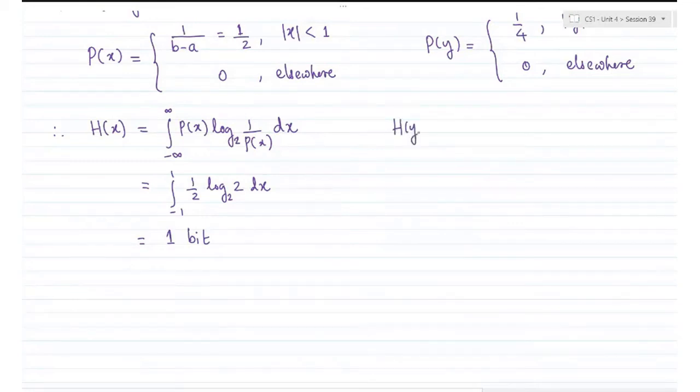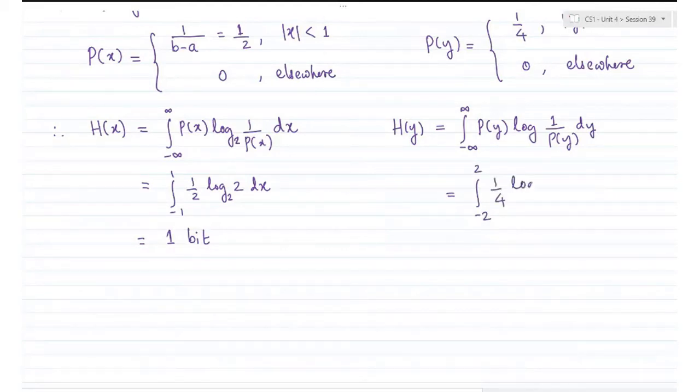Similarly, if we try to find H of Y, the average amount of information available at the output is the integral from -infinity to infinity of p of y log 1 over p of y dy. This exists between -2 to 2, 1 over 4 log 4, which is base 2.